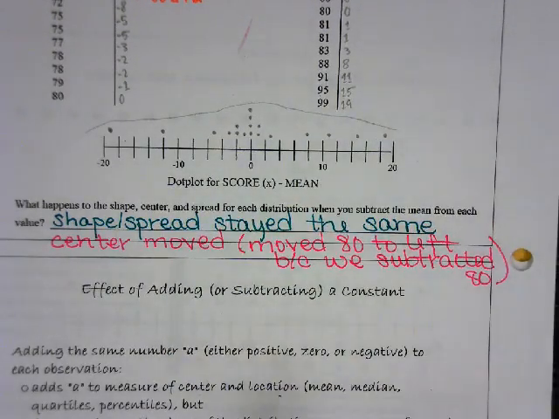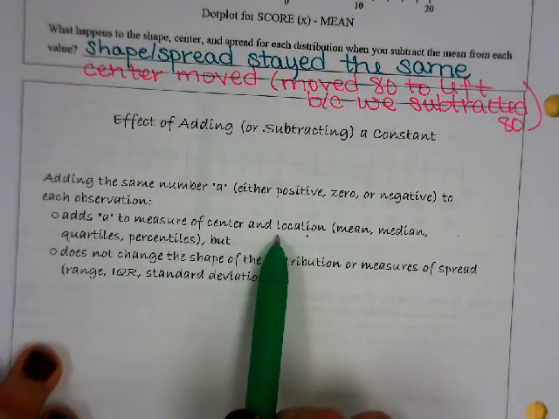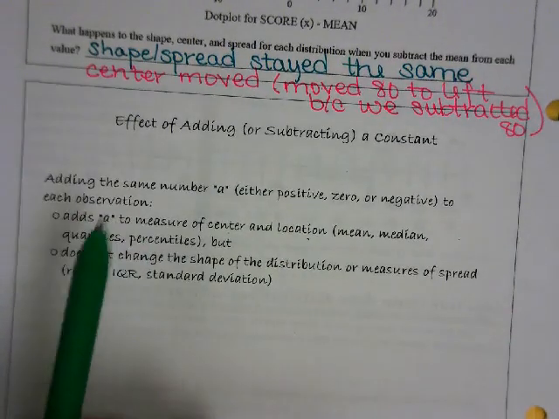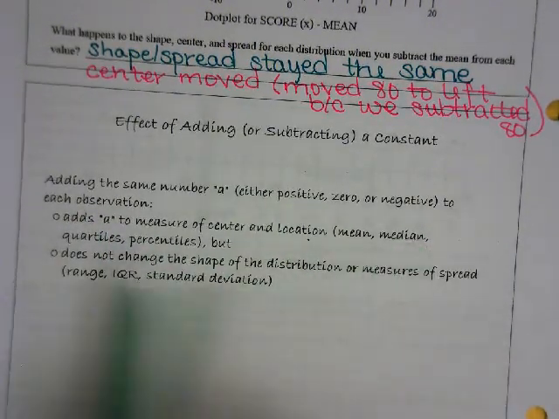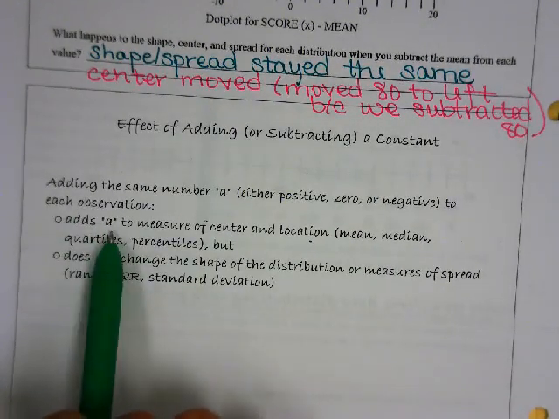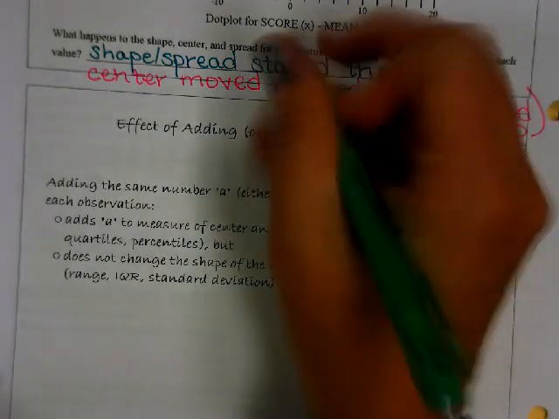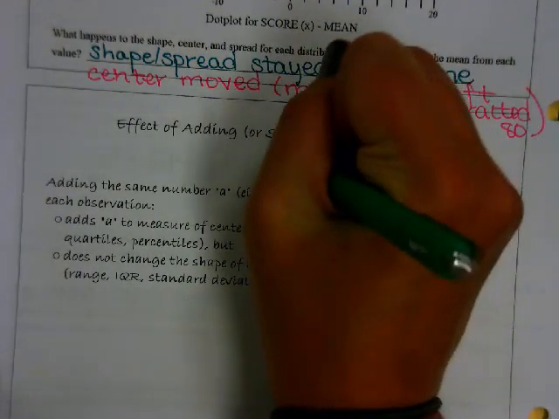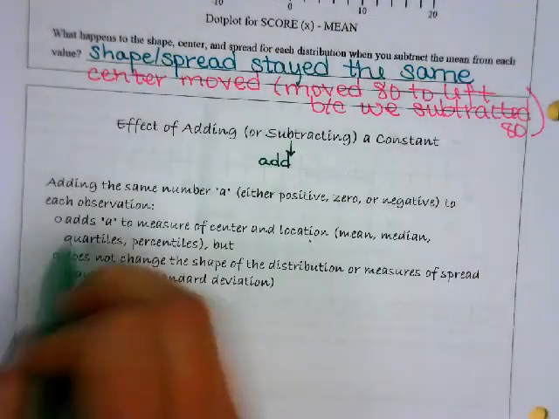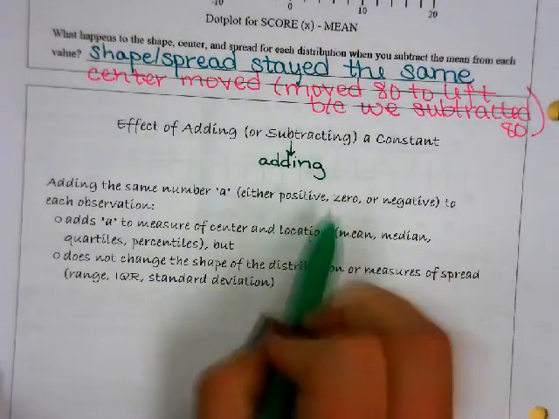But any type of measure of center is going to be moved by the amount you add or subtract. So the mean, the median, quartiles, percentiles, those are all going to be moved by whatever you're adding. And remember, you can think of subtracting as adding a negative. So when it says adding, a can be positive or negative, or 0, which wouldn't make much sense.